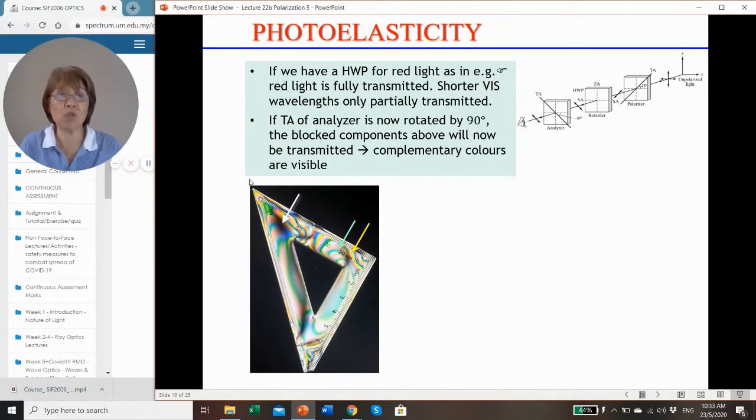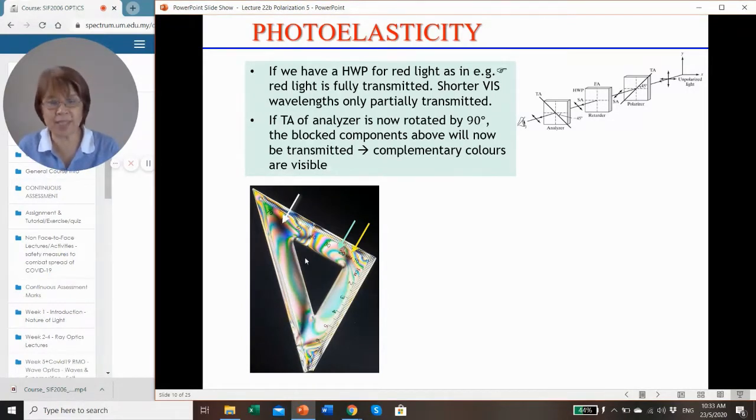But if we rotate the transmission axis of this analyzer such that TA here becomes parallel to TA of the polarizer, then the components blocked earlier would now be transmitted. So red will be blocked, but the shorter wavelengths would be transmitted. In other words, you see the complementary color now.